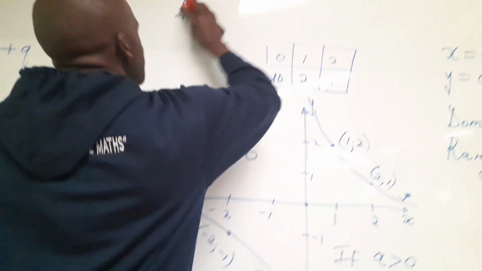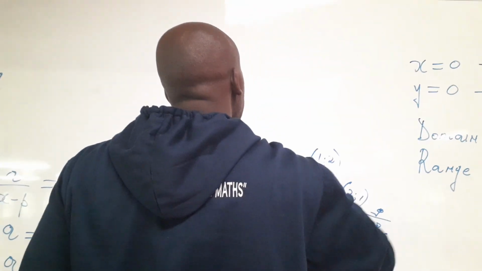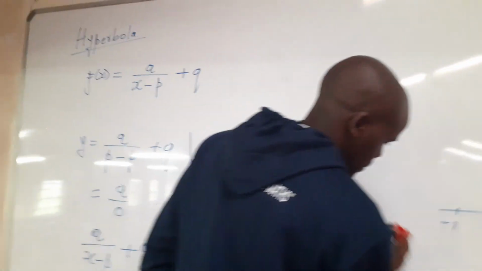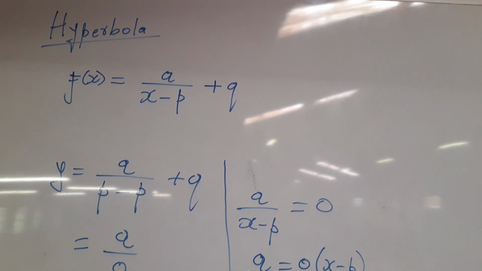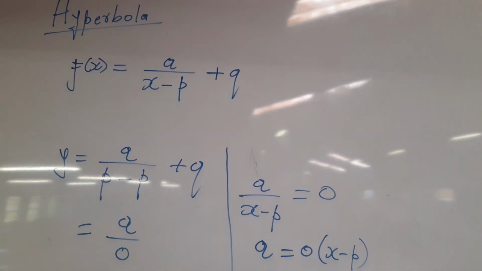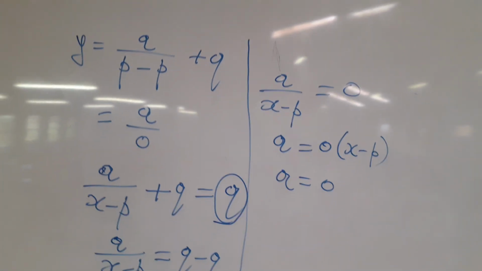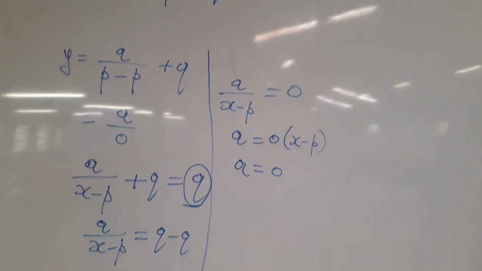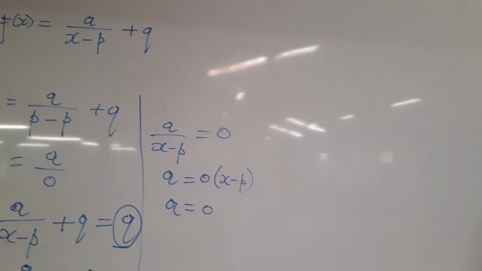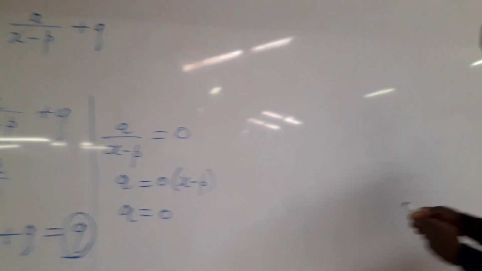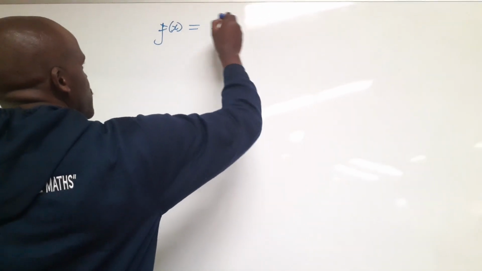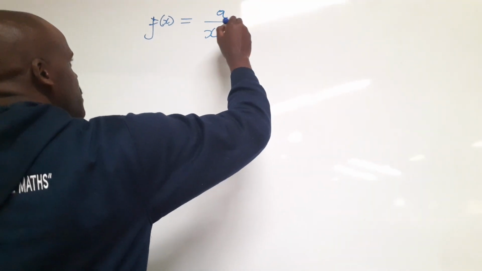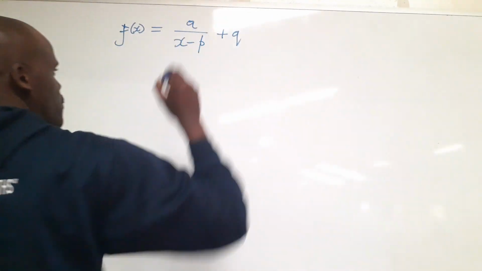Let's write it. Right, we have this function a over x minus p plus q.